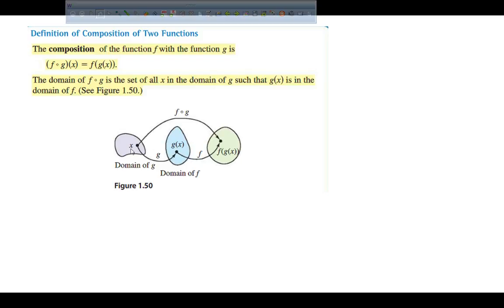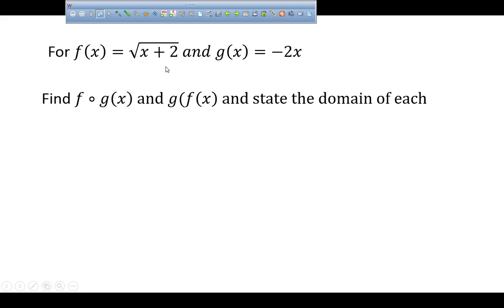To find the domain of a composite function, you have to find the domain of the inside function, and what you plug into it has to work in g. I'll show you. The notation for composite functions is this little open circle, which looks kind of like a multiplication sign, but not really.